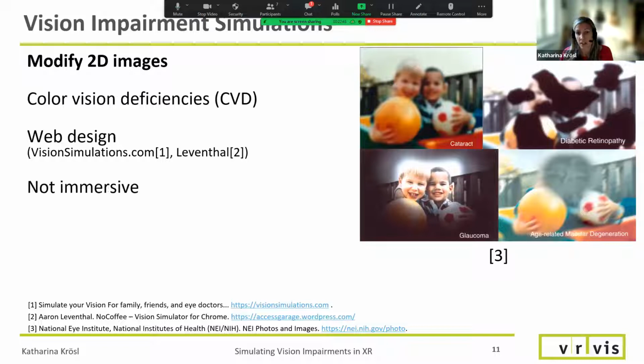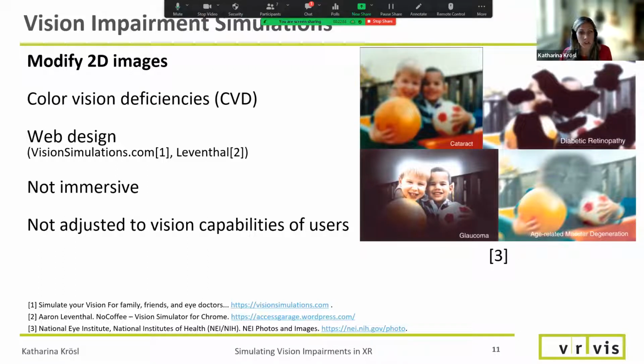The obvious disadvantage of 2D images is that they are not immersive. They are still images. So they are not adjustable for individual users, and they also cannot simulate gaze-dependent effects.